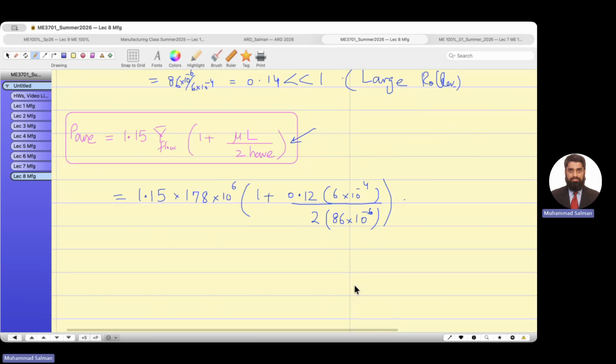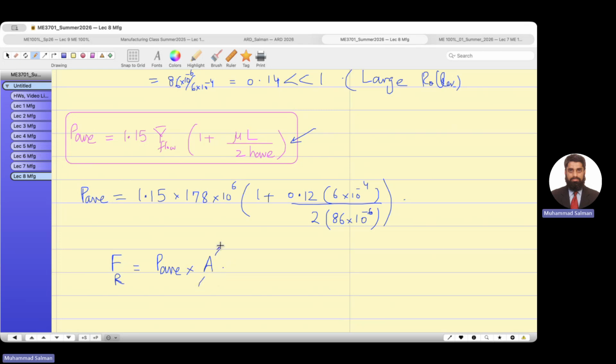Now, this is my P average. And if you want to find the force applied by each roller, you have to multiply P average times the area in contact with the roller.